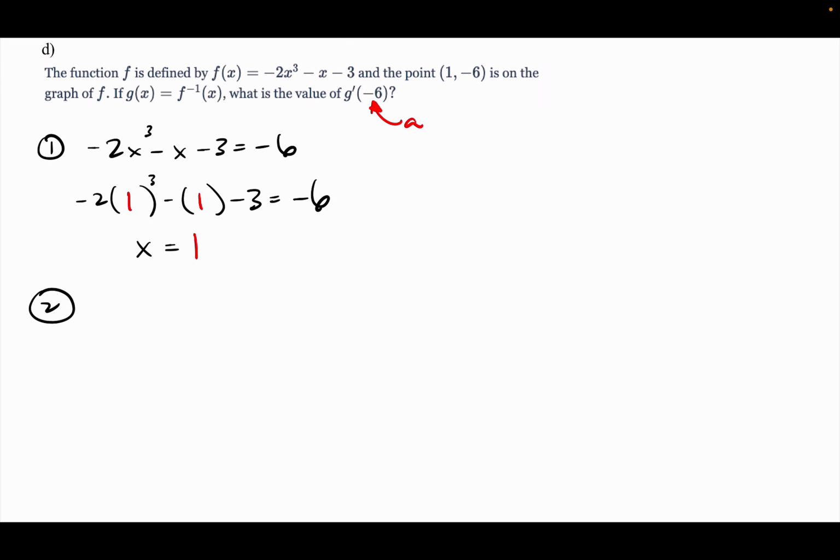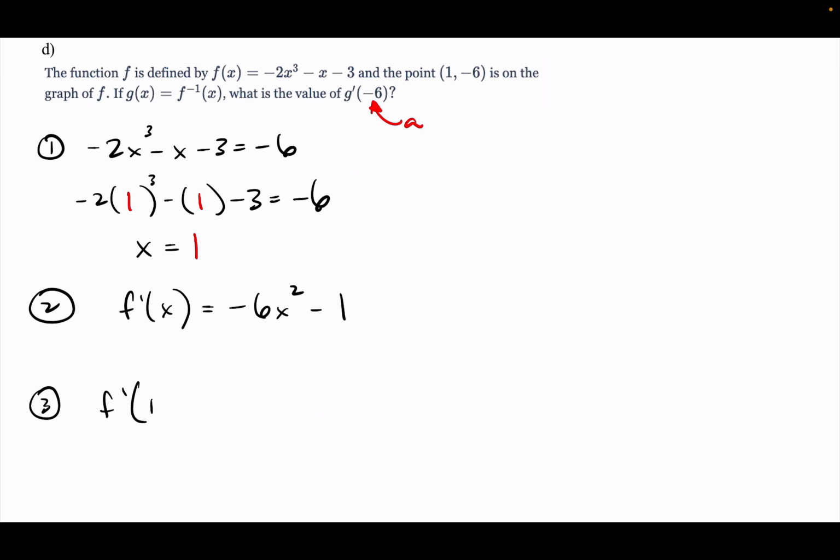Figure out the derivative. Find f prime of x. Well, you don't have to use the chain rule or quotient rule or product rule for this. It's just the power rule. Step 3, plugging the x term into the derivative.